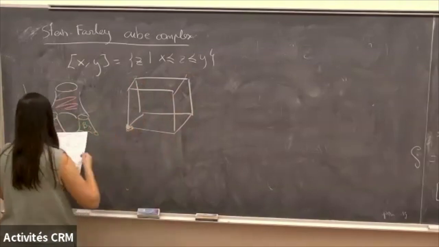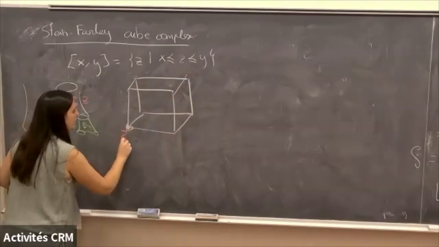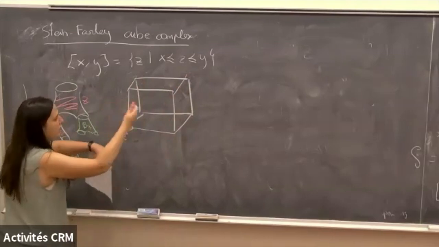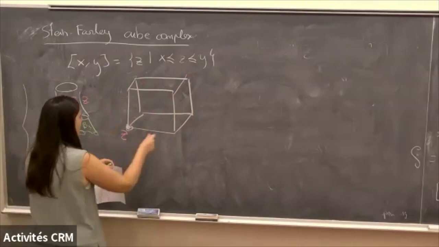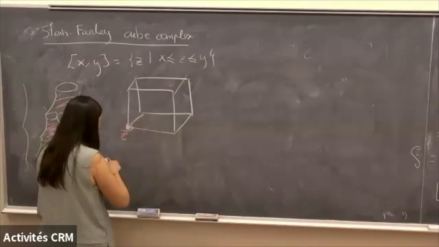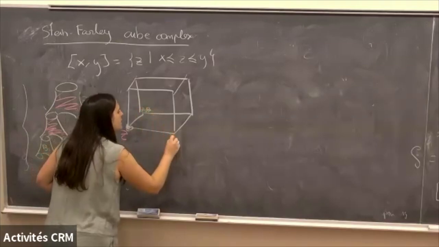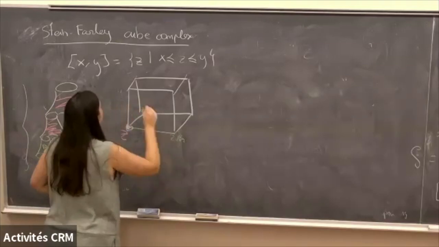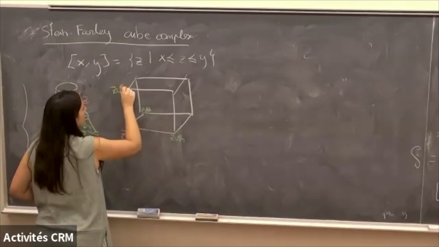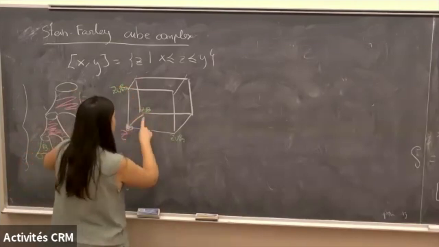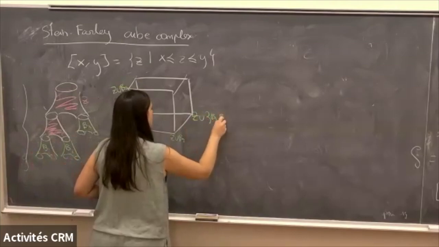So if we call this Z, here we have Z, and then in every vertex we have Z plus B1, Z plus B2, Z plus B3, and then Z plus B1, B2.